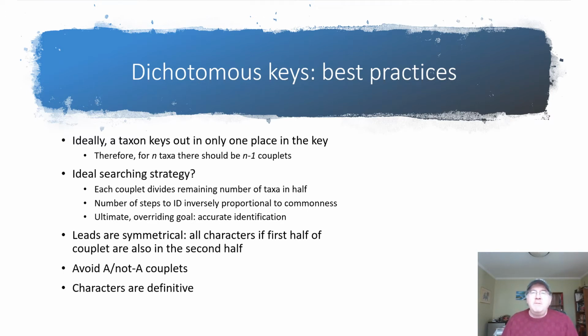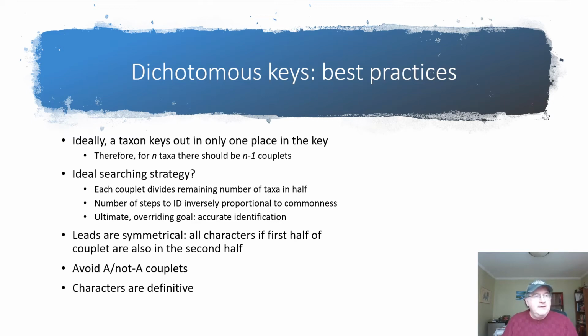Logically, the most efficient way to construct a key is this: say you have n taxa that you're trying to key out, and the first half of the first couplet leads you to n over 2 of those taxa, and the second half leads you to the other n over 2, so that each couplet divides the number of possibilities in half, homing in on the correct answer. That would be logically the most efficient way, if you're pulling out a species at random that needs to be identified, to get to an answer by going through the least number of steps.